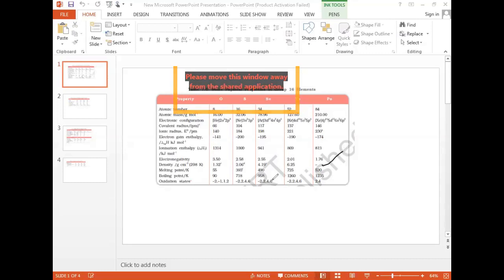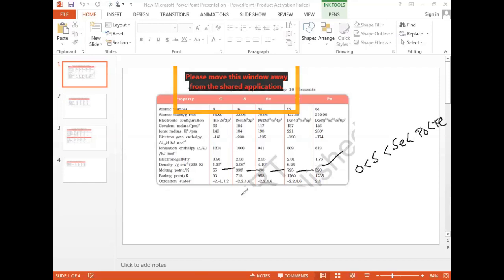Even the melting points are going to increase from oxygen to sulfur, sulfur to selenium, and selenium to tellurium. But from tellurium to polonium, it decreases. Suppose they ask you to arrange in the increasing order of melting points, you can write oxygen less than sulfur less than selenium less than polonium less than tellurium.